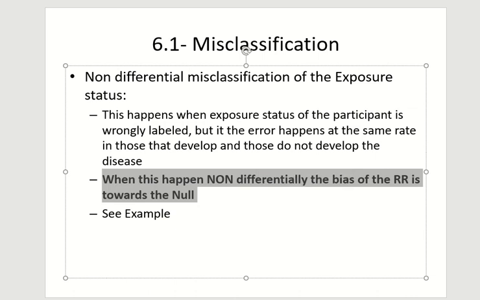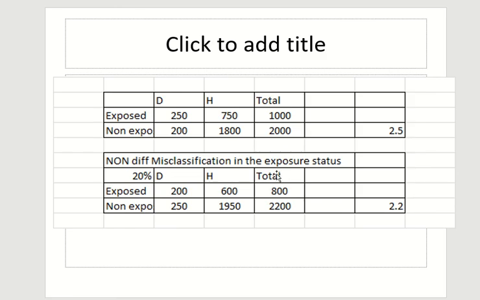So let's look at an example. You remember that when you have a cohort design, you're looking at exposed and not exposed, okay? And the calculations are done within exposed and within not exposed. So within the exposed, 250 out of the 1,000 developed the outcome, and among the non-exposed, 200 out of the 2,000 developed the outcome. By now you should know how to calculate a relative risk.